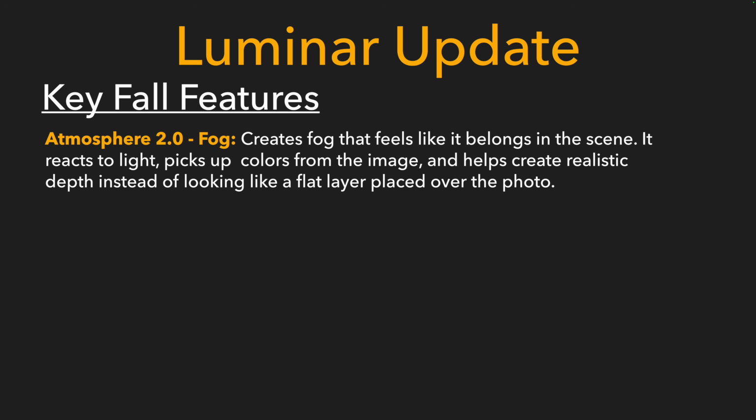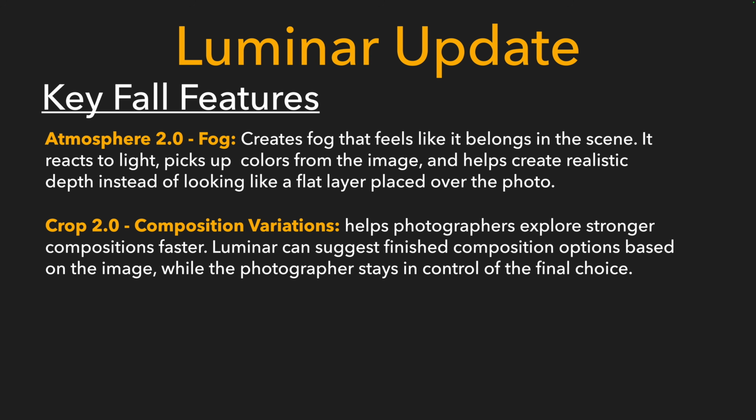Atmosphere 2.0 fog creates fog that feels like it belongs in the scene. It reacts to light, picks up colors from the image, and helps create realistic depth instead of looking like a flat layer placed over. Crop 2.0 composition variations helps photographers explore stronger compositions faster.